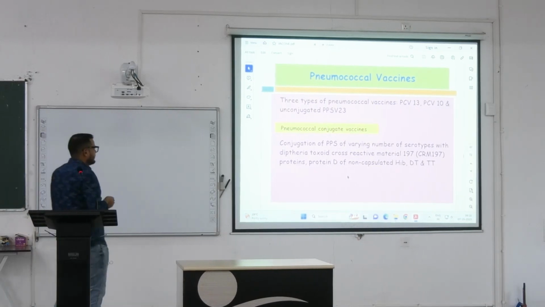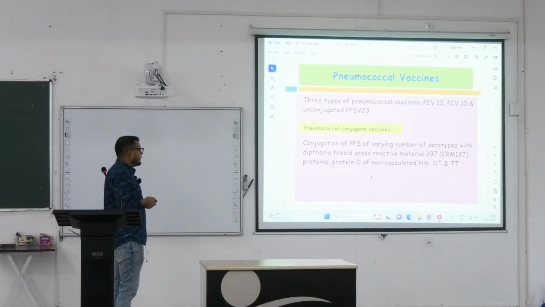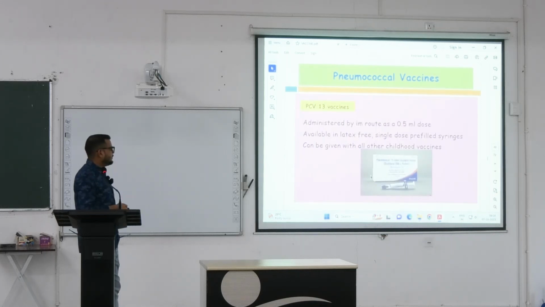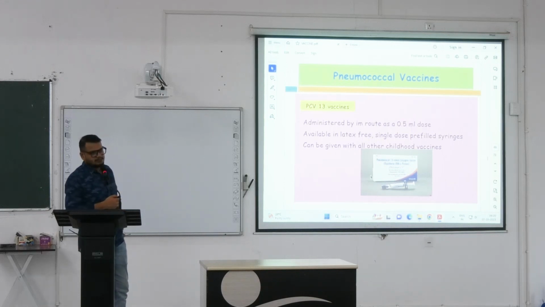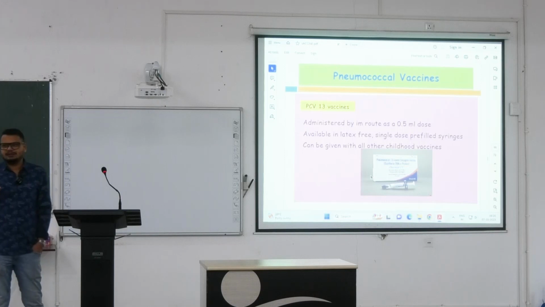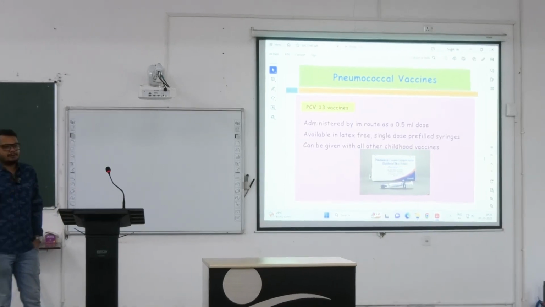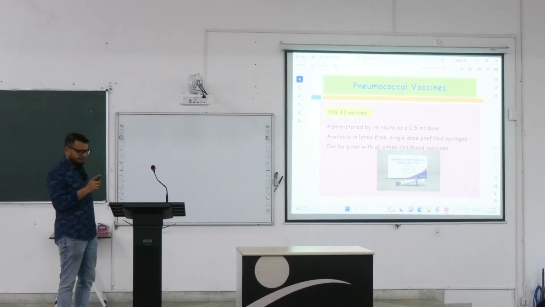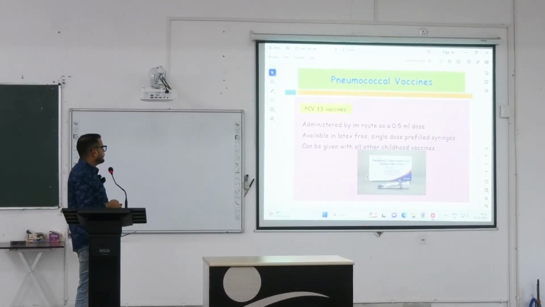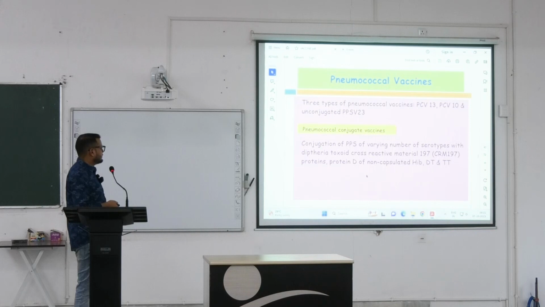Pneumococcal conjugate, it's basically a conjugated vaccine. So what is the route? 0.5 ml intramuscular. So see, for most of the vaccines the dose is 0.5 ml intramuscular. Just remember the names: PCV13, PCV10 and PPSV23 are enough for you.